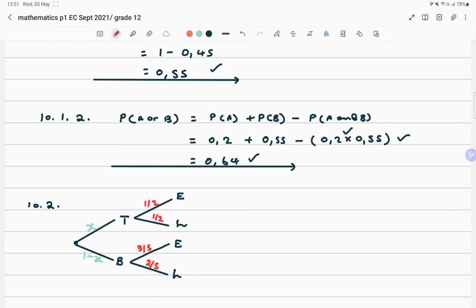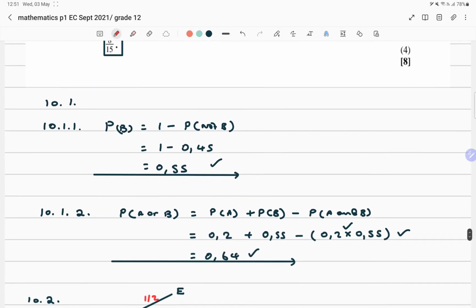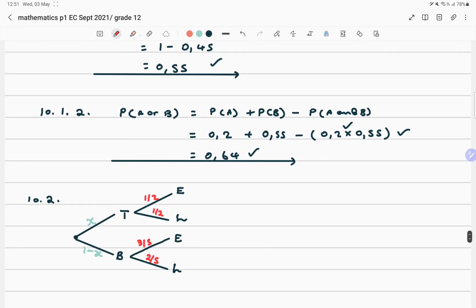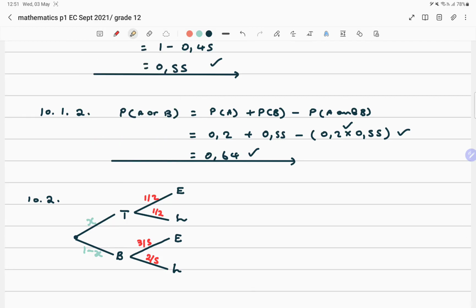what do we want? We are told the probability that this lady is not late, meaning when she's not late, what's happening? It's this arm. It's either this arm, that arm is for early, meaning not late.